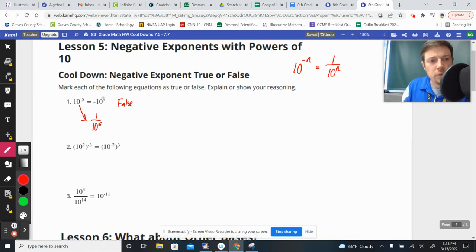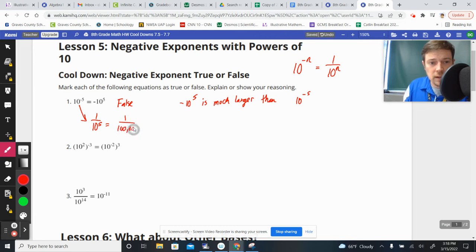All right. We don't want to throw negatives into the base and multiply that to the power of 5. We could say something like negative 10 to the fifth power is much larger than 10 to the negative fifth. 10 to the negative fifth is going to be 1 over 100,000, right?